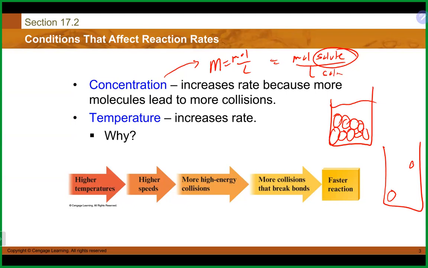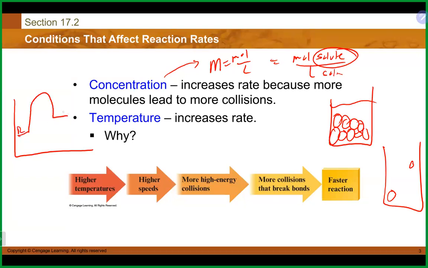Temperature as well. Again, temperature is a really big factor in terms of rates of reactions and how fast a reaction occurs. If you increase the temperature, a couple of things are happening. Besides more molecules having more energy, which means they probably could get up and over that hill. Again, a reminder, when you have a reaction, those energy diagrams we looked at, right?